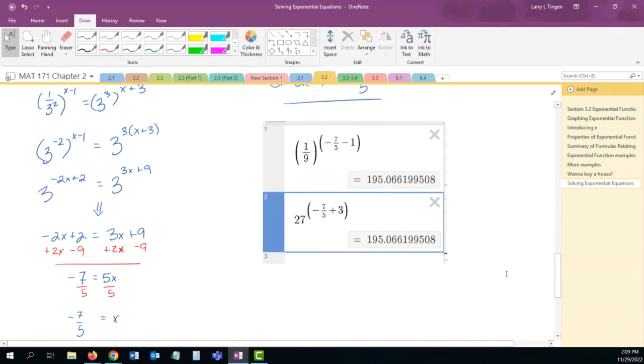The top line is the original left-hand side, replaced by negative 7/5. The second one is the original right-hand side with negative 7/5 plugged in for x. My answers come out identical, so the left-hand side and the right-hand side are equal, which means this checks, which means the solution set contains negative 7/5.